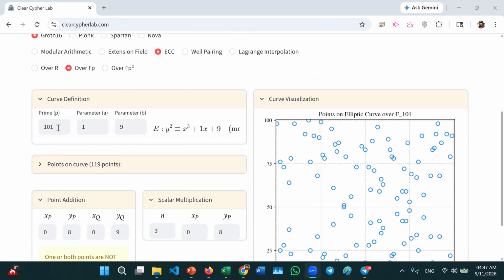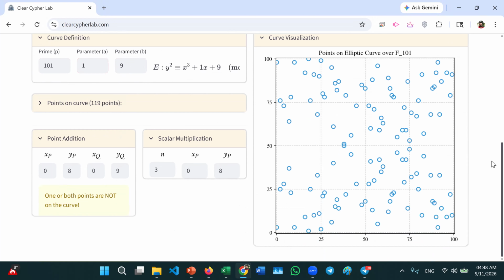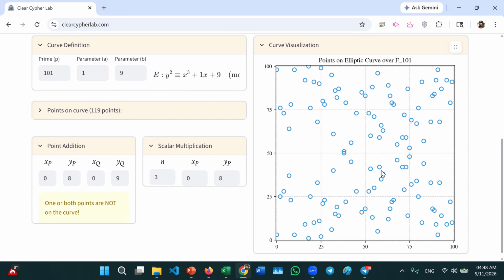For our computation, we picked 101 as the prime value, and F sub 101, 9 as the b value for the curve, and 1 as the a value for the curve. Then the figure here is automatically computed to find the valid points.